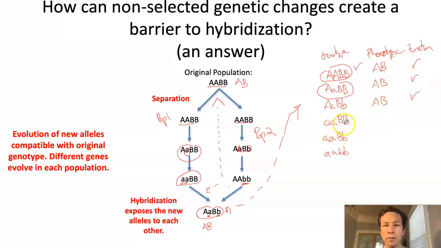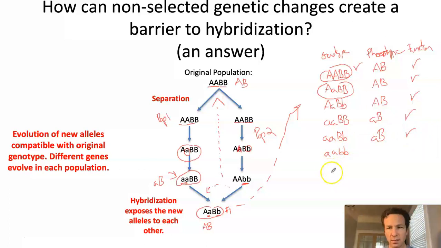Here we have a little a, big B. We know that combination works because that's the phenotype associated with population 1 right before they come together. So little a, big B is fine. Here we have phenotype little a, big B again. And it looks like I've left some off on the list.